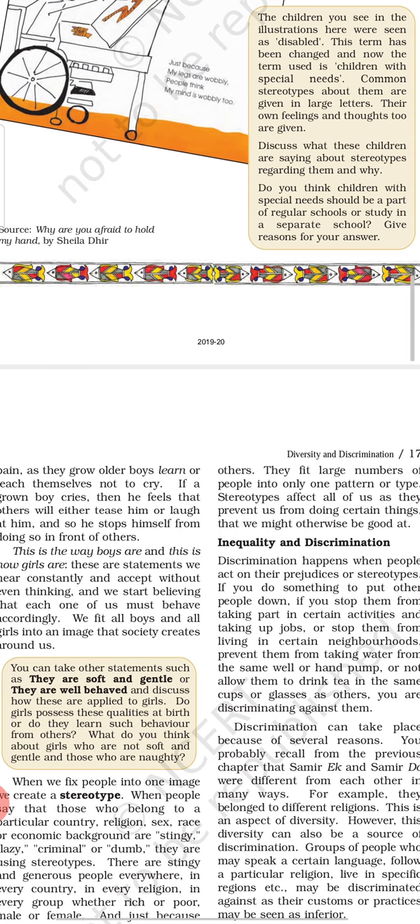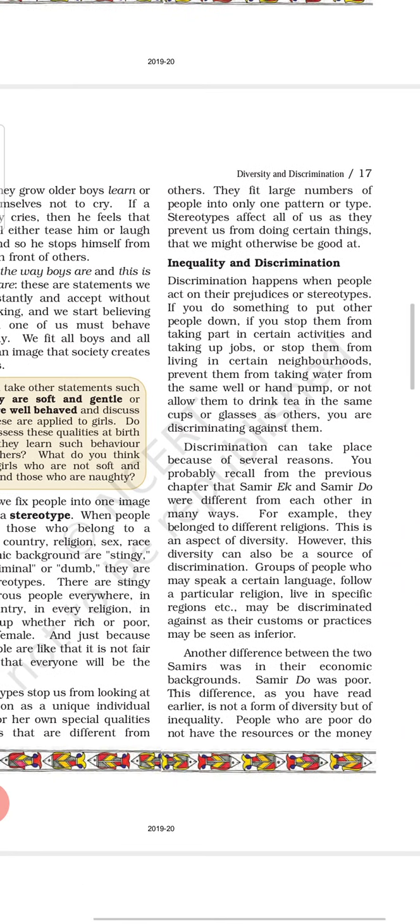Now, today we will start with inequality and discrimination. Discrimination happens when people act on their prejudices or stereotypes.